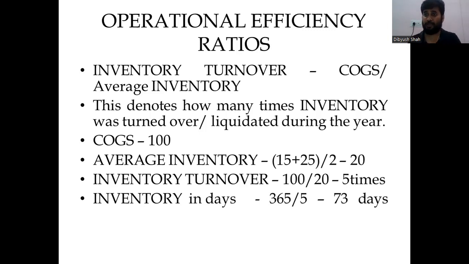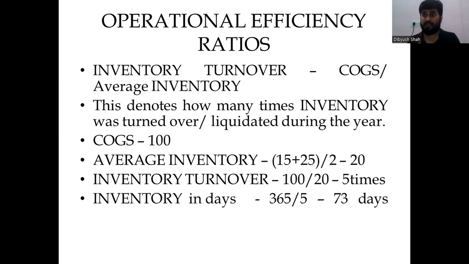So the most accurate parameter, as per most accountants, PhD holders who came up with this theorem, was that the numerator should be taken as cost of goods sold, because that only includes the inventory that was actually sold during the year. And what do I mean by inventory turnover? How many times I was able to liquidate or sell my inventory throughout the year.